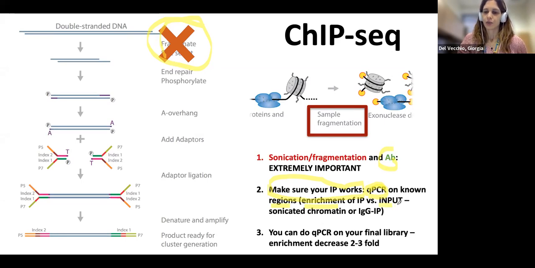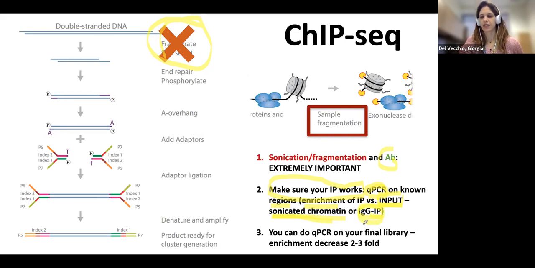And then we also need an input. Input is just sonicated chromatin, so no immunoprecipitation. So that's our negative control. We should not see any enrichment here. And we can also look at the background, whatever is non-specific, using an IgG.